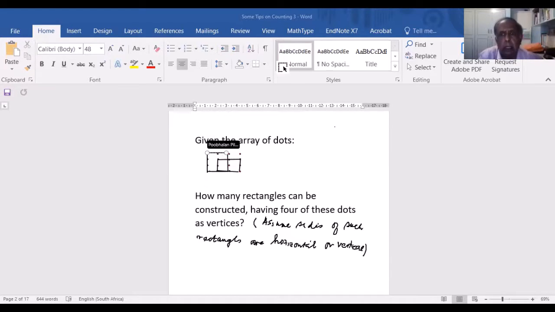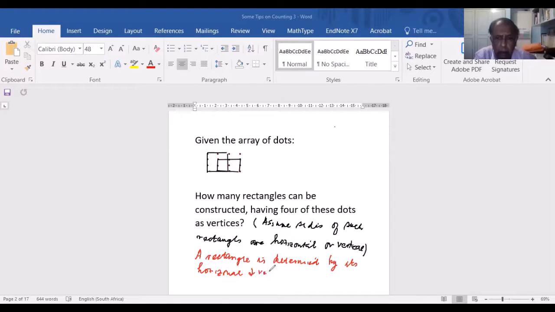And you can see easily that the number of ways in which you can choose 2 rows is, all right, so let's just say this: a rectangle is determined by its horizontal and vertical lines. Okay, so that's the important thing about this.